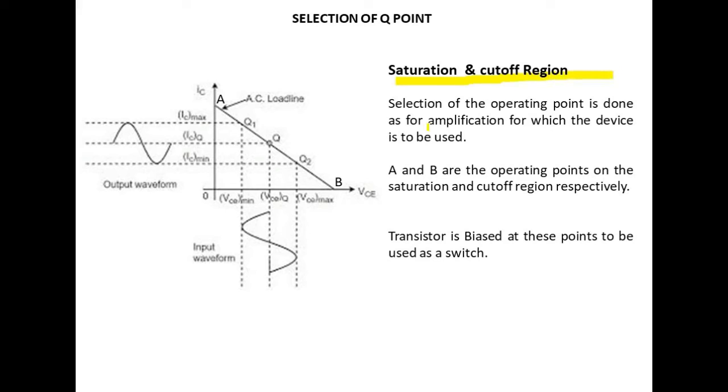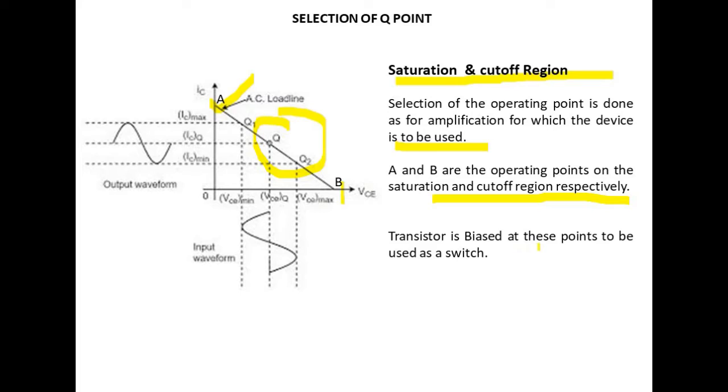Saturation and cutoff region. The selection of the operating point is done for the amplification for which the device is to be used. A and B are the operating points on the saturation and cutoff region respectively. If we select operating point to be at A, it is in saturation region, and at B it is cutoff, and in the middle it will be in active region.